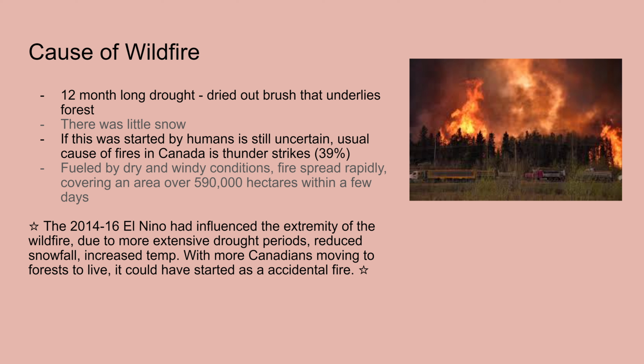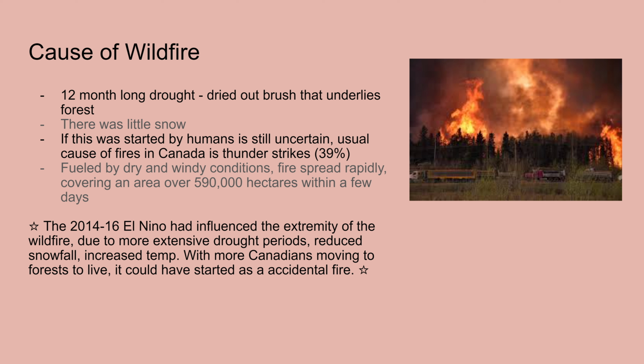Some issues with this dried out brush is that it becomes more flammable, but also if there's a thick layer of brush, when the firefighters extinguish it, it may be extinguished on the top so it looks like it's out, but actually may still be smoldering on the bottom, which obviously can allow for reignition of the fire. There was little snow, less than there should be in Canada in May.